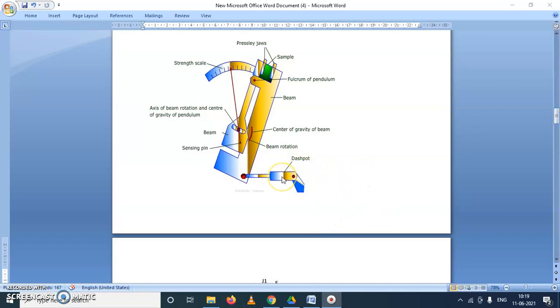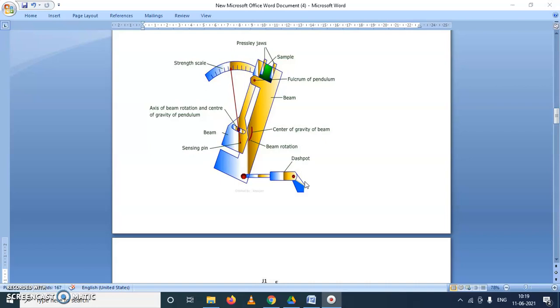And one more thing, this is a dashpot. Now what is a dashpot? A dashpot is a piston with a viscous liquid to restrain the movement. What it is doing here is applying a restraining force so that the angular rotation of the beam is constant. In simple terms, you know that you have a spring in doors and some sort of piston attached to doors to avoid the sudden movement of doors.